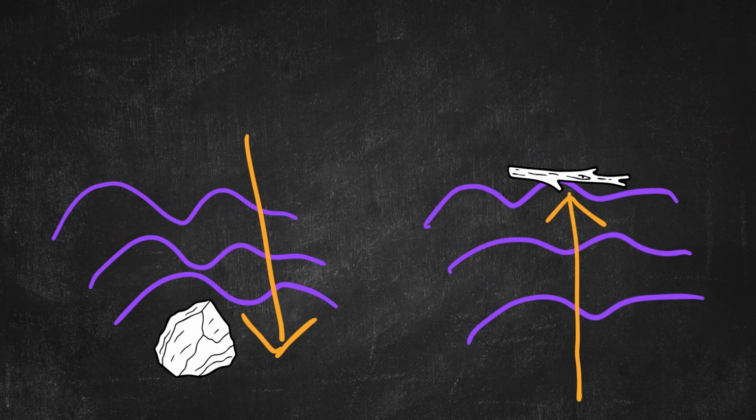For example, a heavy object in a small space has high density, and a light object in a big space has low density. That is why a rock will sink and wood will float.